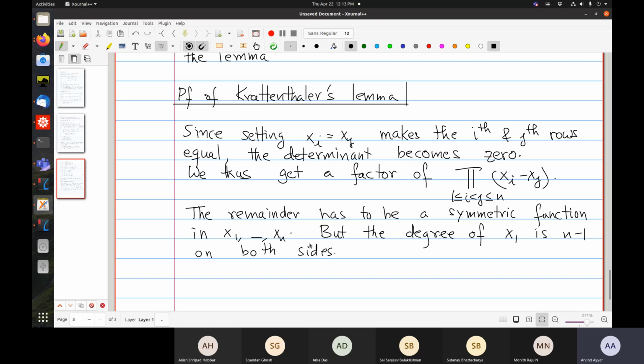But here the degree is n minus 1. So what remains is a constant. So the remaining factor is a constant in x1 to xn.